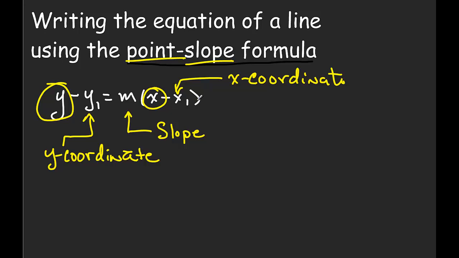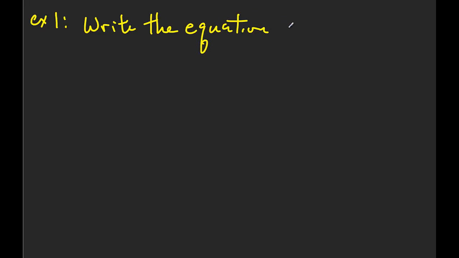So let's take a look at an example problem. For instance, we'll call this example 1, and a very simple one. We're going to write the equation of a line. We're going to do this through all our examples today.